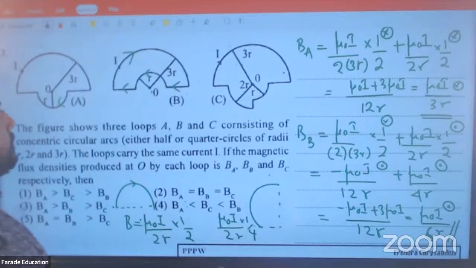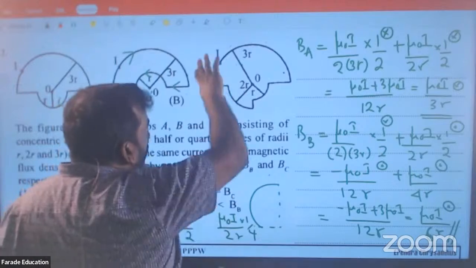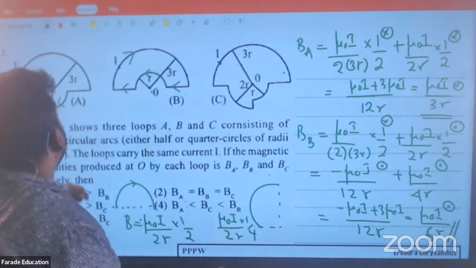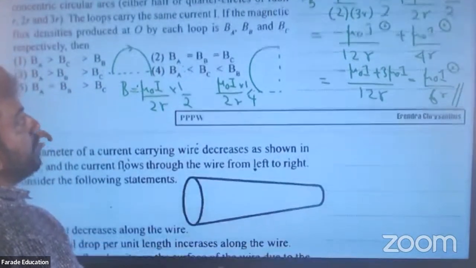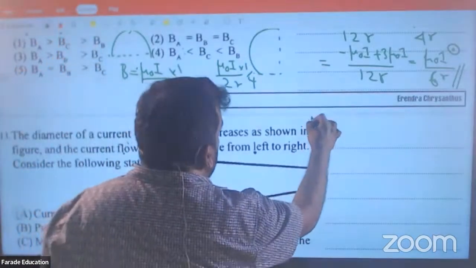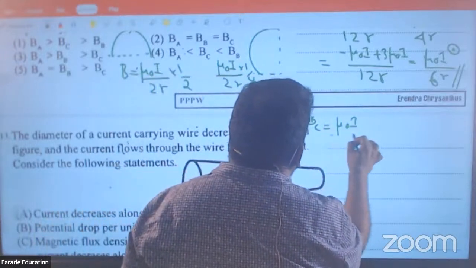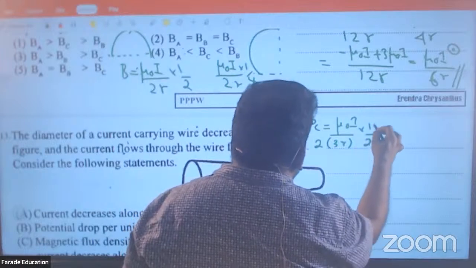What about here? Third one. Clockwise, clockwise, clockwise, all inward. These two are quarter, and these are a full circle. So magnetic field strength at C is mu naught I over 2 times 3R, half, inward.